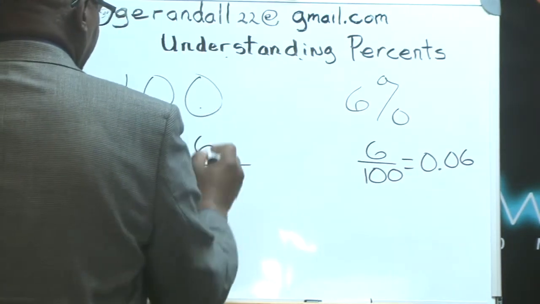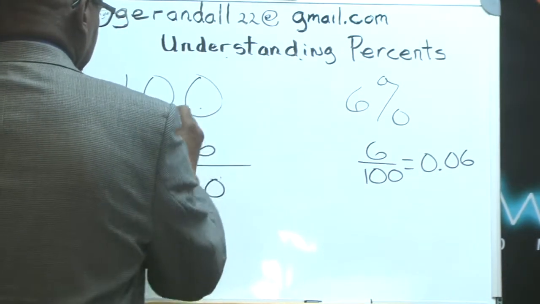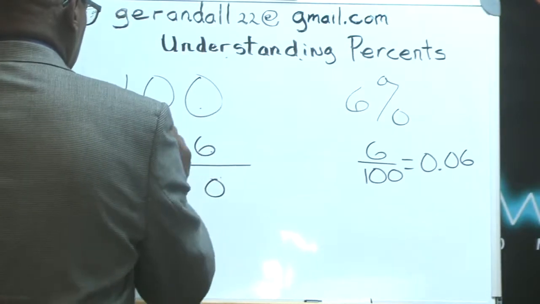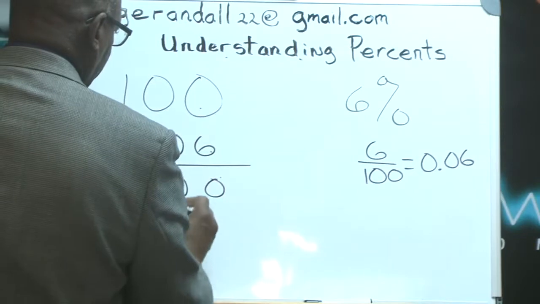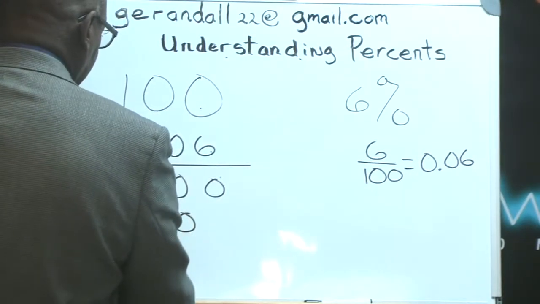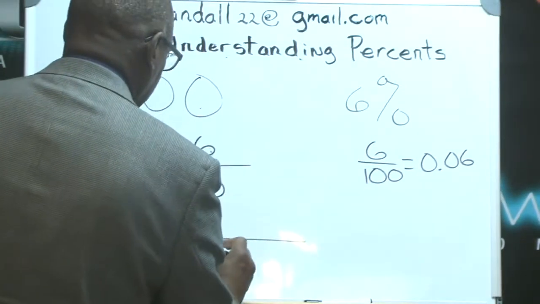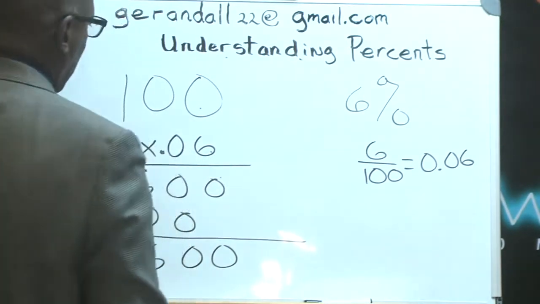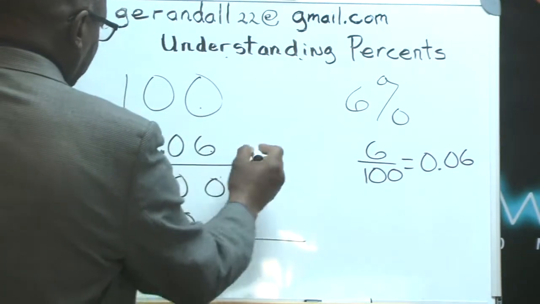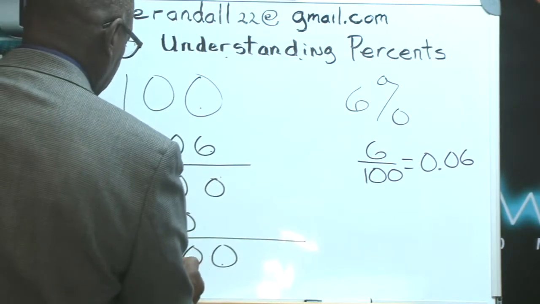Six times 0 is 0. 0 times all of that is 0, so it doesn't change what we have here to add. And we count our decimal places, 1, 2.